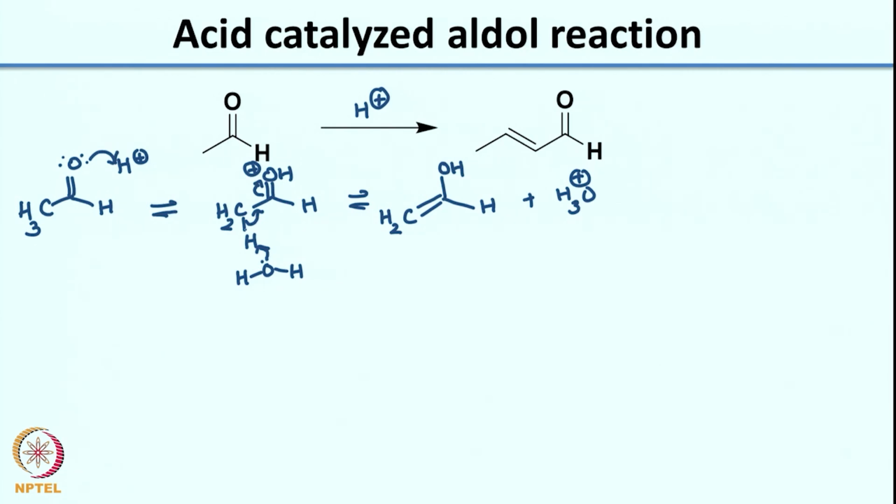Now, the next step would be reaction of the enol with another molecule of the aldehyde, and now since it is in an acidic medium, the aldehyde will exist in its protonated form. So, now I have what I end up getting.